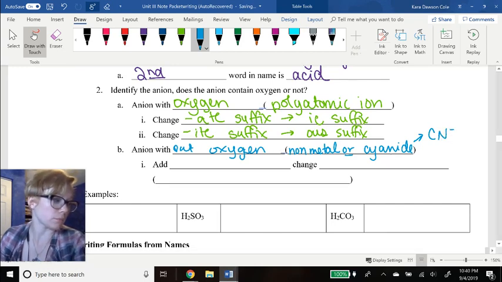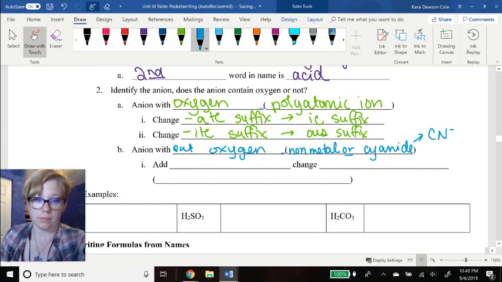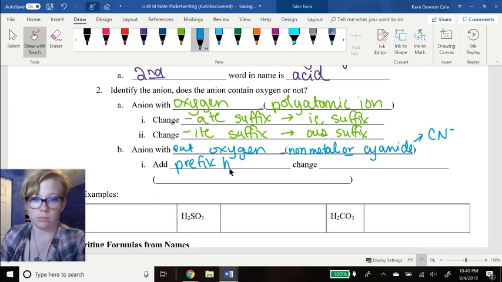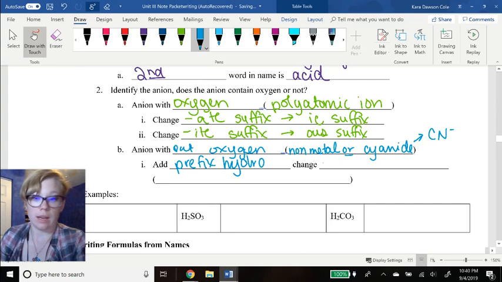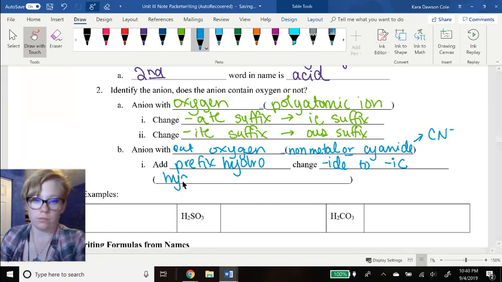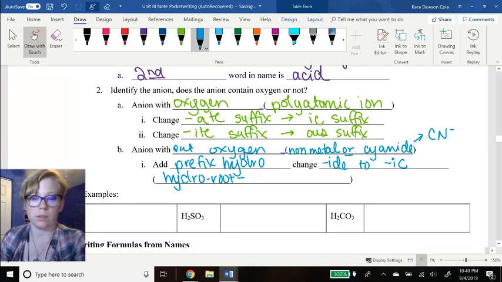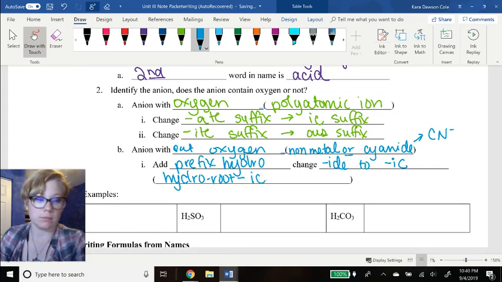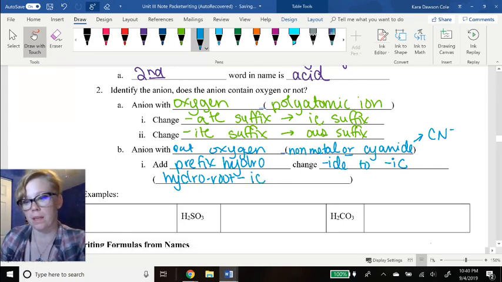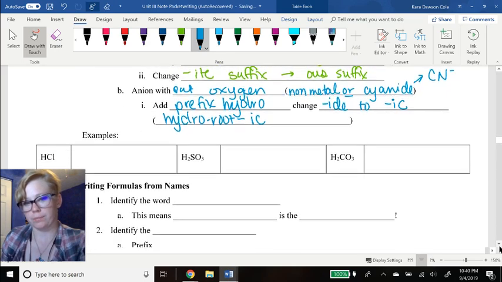I'm going to add the prefix hydro, and I'm going to change ide to ic. So then what I have is hydro, the root word for the element name, ic. Okay, let's look at a couple of examples here.